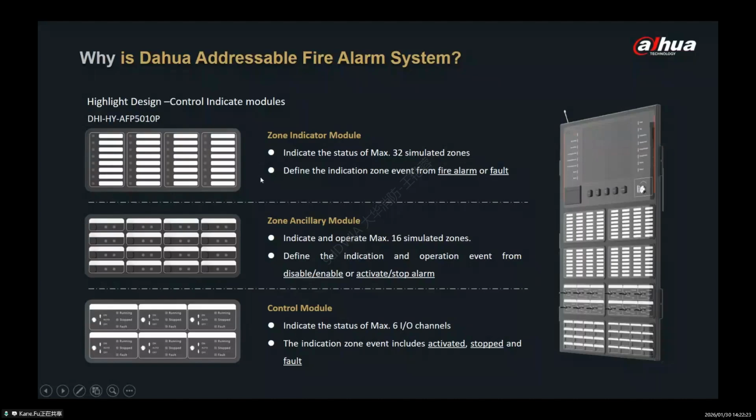For the module, you can select the number to buy according to the requirements of the project. And it can divide the fire alarm or fault events to indicate, with each indicator related to each zone like that.